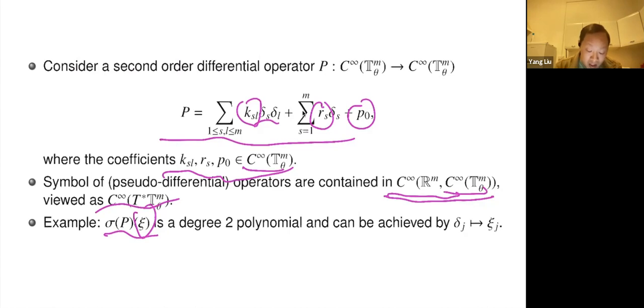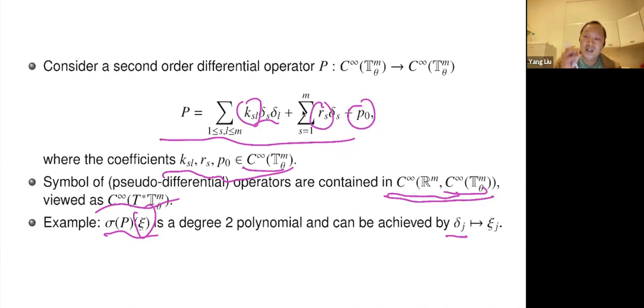To get symbols for differential operators is quite easy. You can simply replace each basic derivation delta_j by xi_j. That's the symbol. Basically, you can think of this heat kernel asymptotic as a black box.